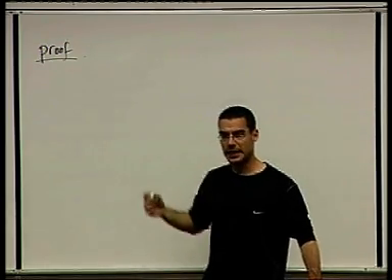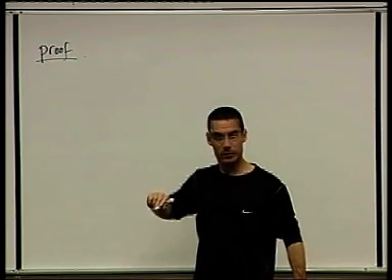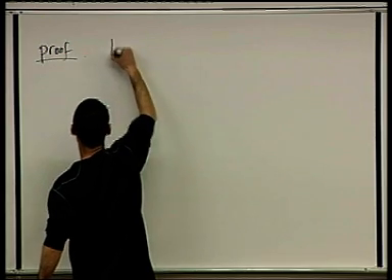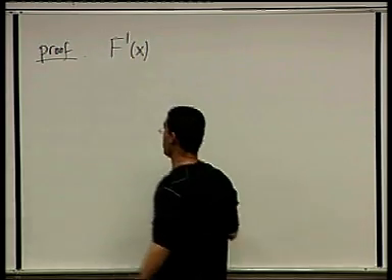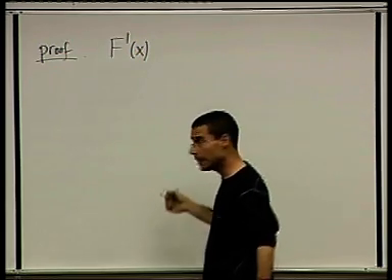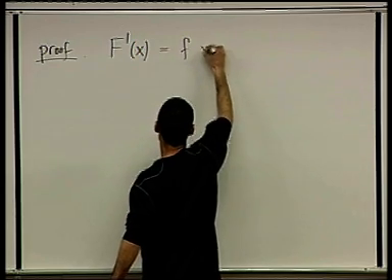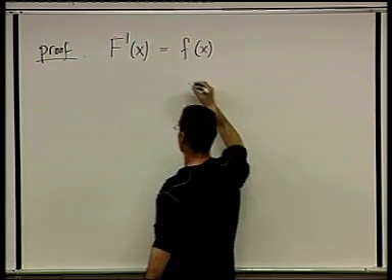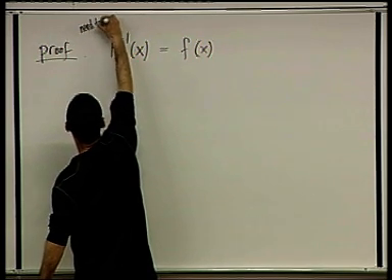We want to prove that big F prime equals little f. So what is big F prime at the point x? I want to prove that it equals little f at the point x. So we need to show that.